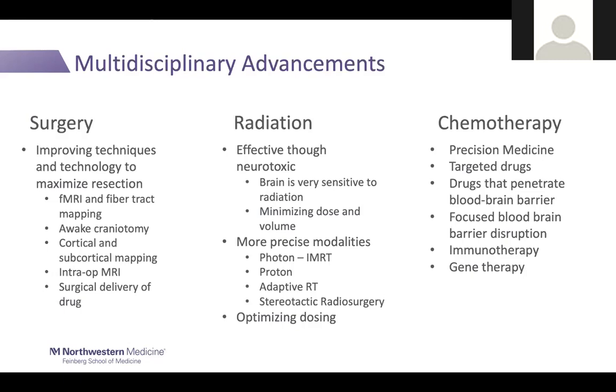And so our surgeons do certain MRIs. They look at the fibers in the brain. They're doing surgeries awake now. They're mapping the fibers in the brain. So they stimulate the brain and they know, okay, well, that's safe to remove, so they can go in and do more. MRIs can be done sometimes in the operating room to get a better sense of where the tumor is. Can they go and remove more?